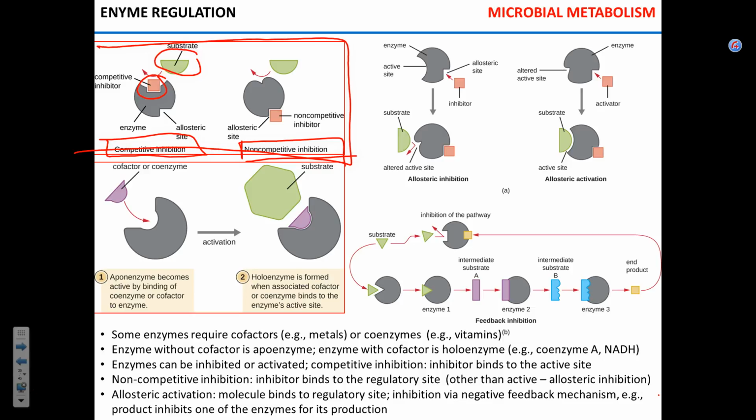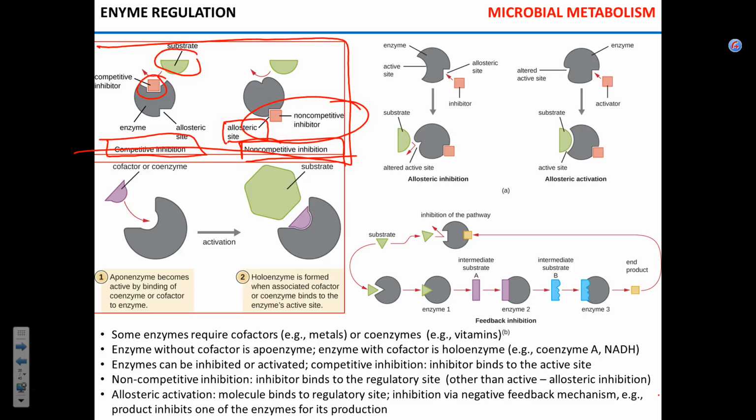Does that make sense? Non-competitive inhibition is when the inhibitor binds to another site, which is called an allosteric site. Allo means other. Steri means place. So another place. Okay, it binds to another place, not the active site.